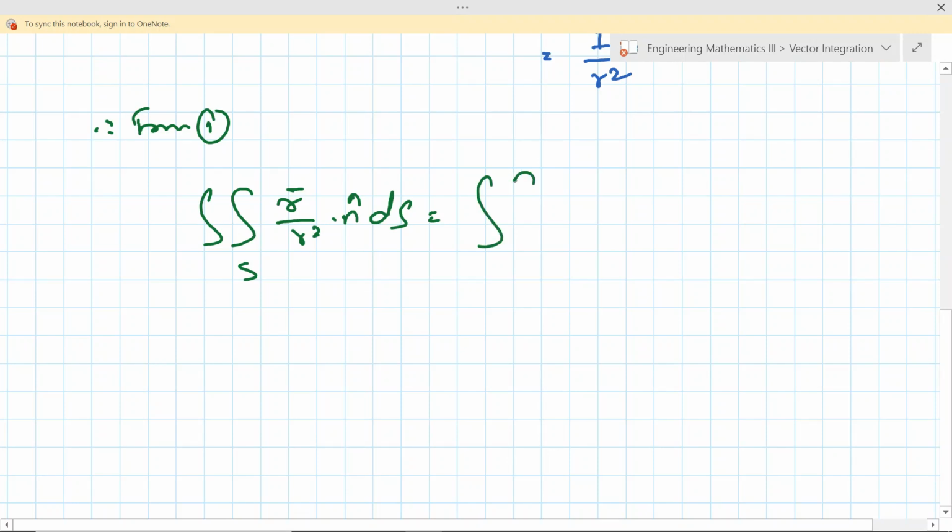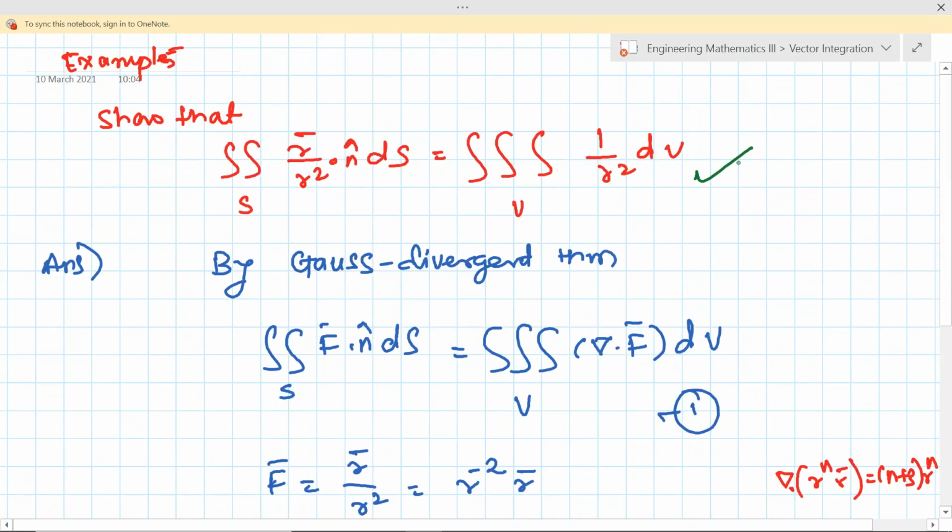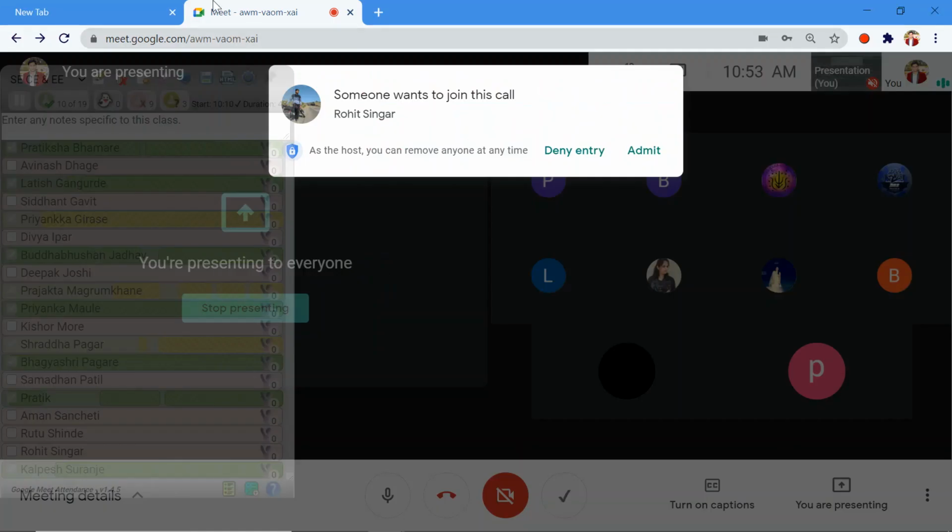This is the volume integral over v of 1 upon r square into dv, because del dot f bar is nothing but 1 upon r square, and that is what we wanted to show. So this is a very simple example related to the Gauss divergence theorem.